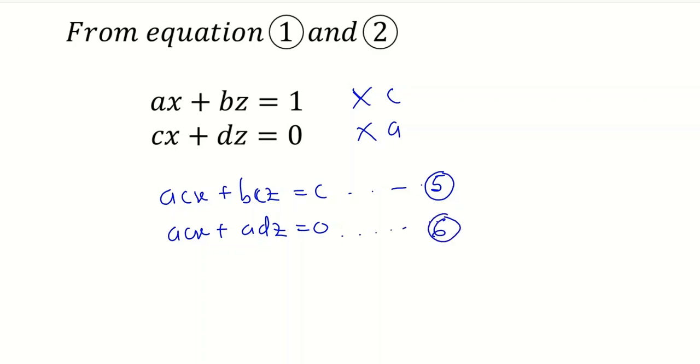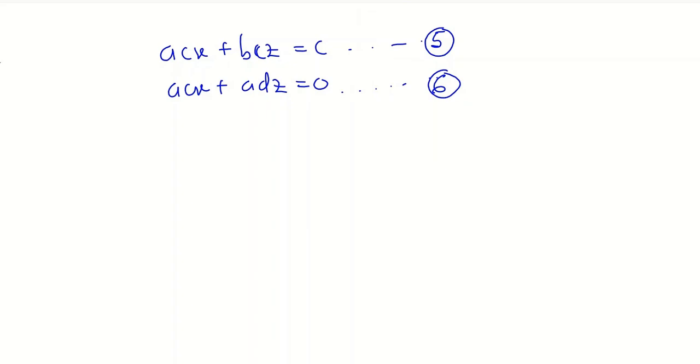Now, the idea here is that when we subtract equation 5 from 6, we are going to get the value of Z. So we want to subtract equation 5 from 6.